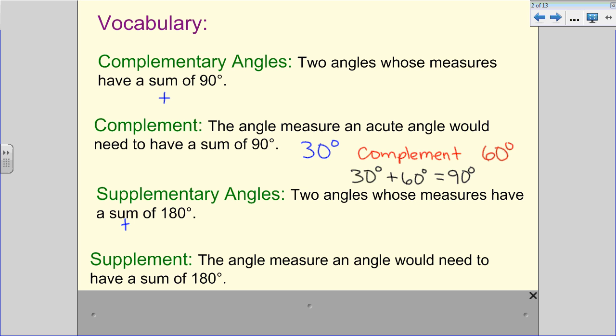So once again, if I had a 40-degree angle, its supplement would be 140 degrees, because 40 degrees plus 140 degrees equals 180 degrees. We're looking for two things that when added together equal 180.